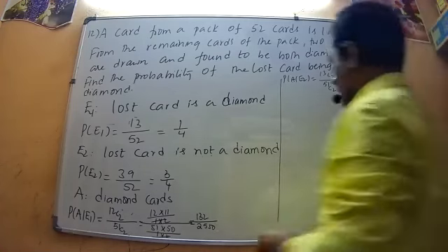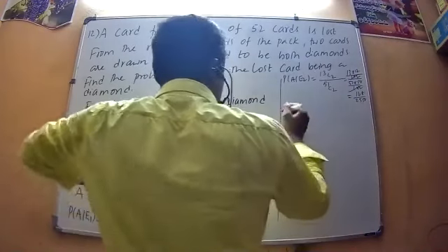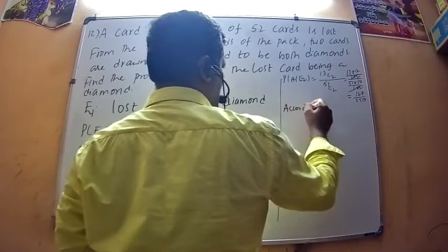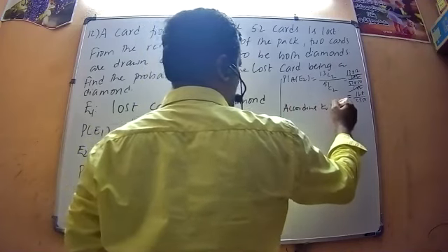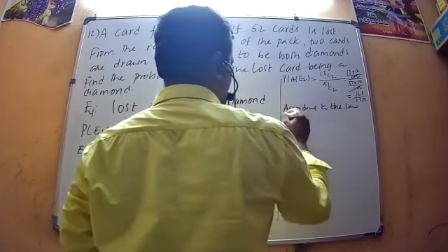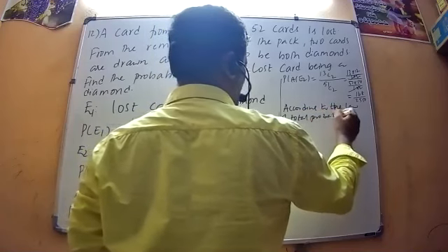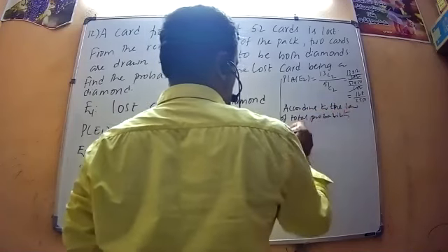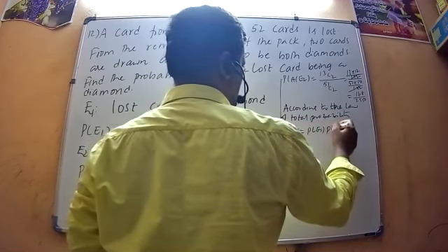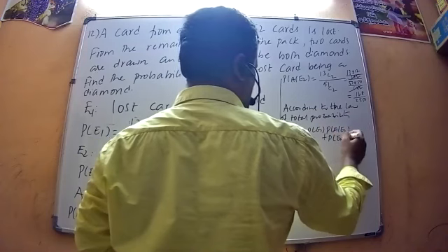Right. Now according to the Bayes theorem, let us first of all find out, according to the law of total probability, what is the value of P of A? According to the law of total probability, P of A is given as P of E1 into P of A slash E1 plus P of E2 into P of A slash E2.